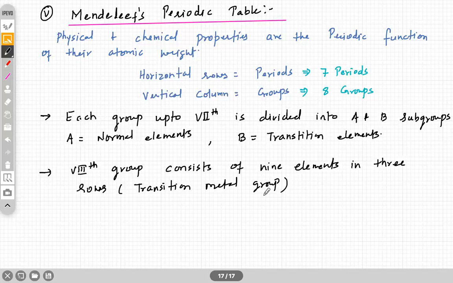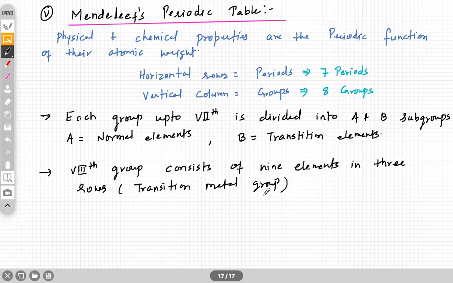Right? Mendeleev, to some extent, was so correct that there were some elements for whom the position and properties were well defined by Mendeleev even before their discoveries.